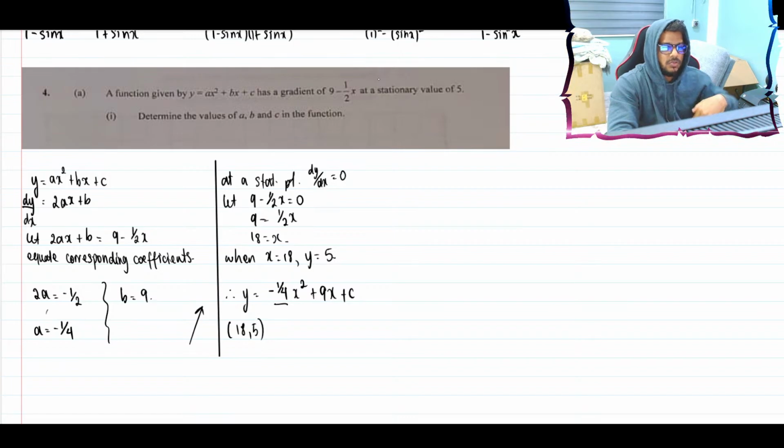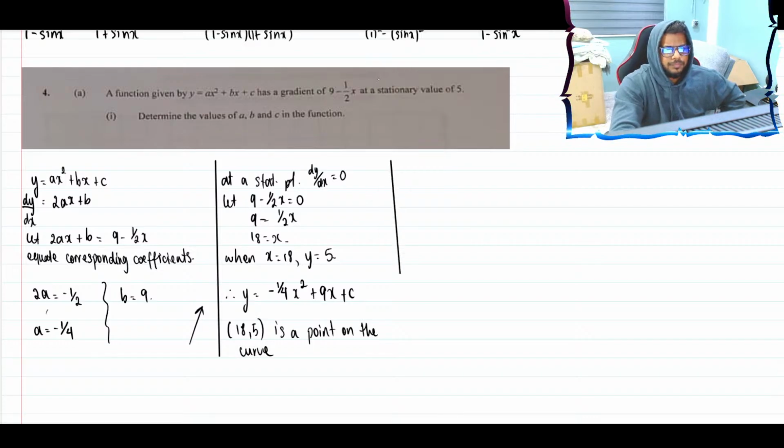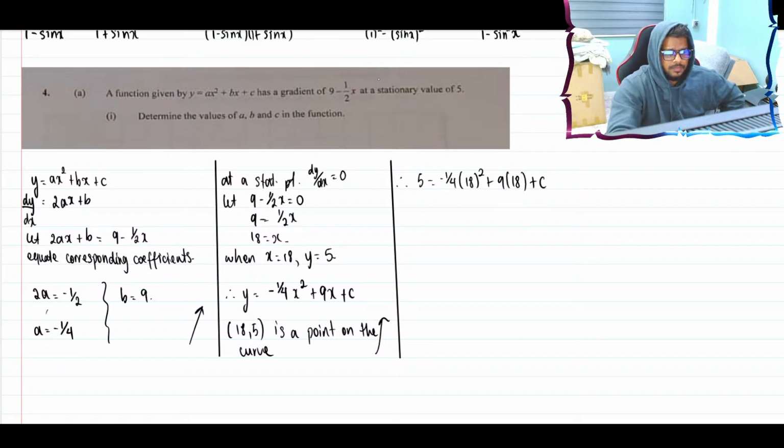There's a minus, so it will be a maximum point, but we know it is a point on the curve. Therefore, x is 18, y is 5. 5 is equal to minus a quarter into 18 squared plus 9 into 18 plus c.